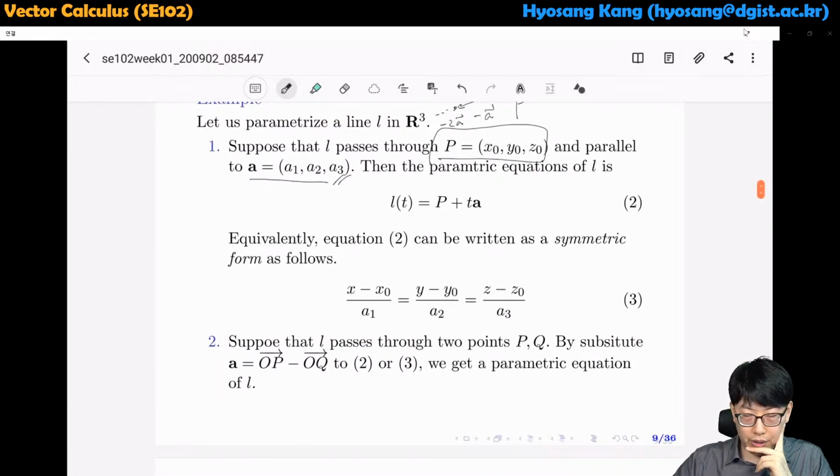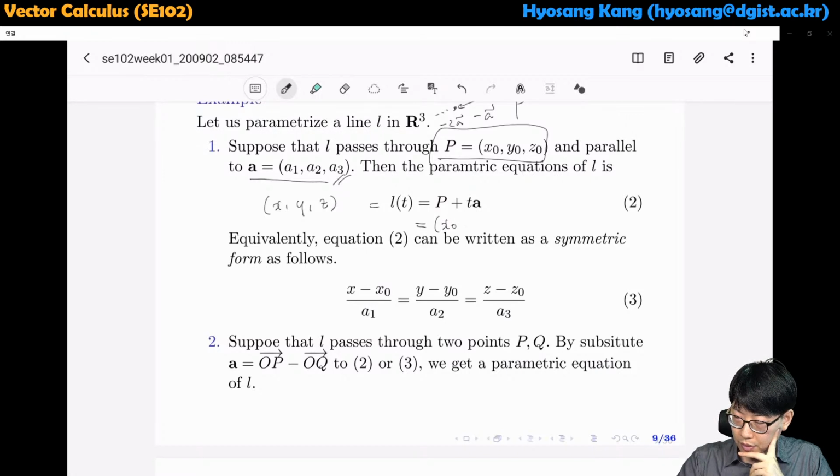You can also write the equation of a line this way. Suppose that my L(t) is given by coordinates x, y, z, and I'm just omitting t here. Let's rewrite the right-hand side of this equation.